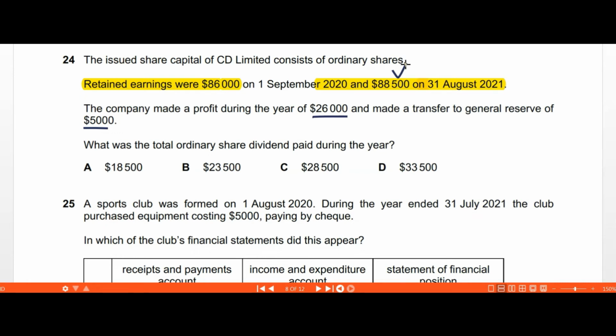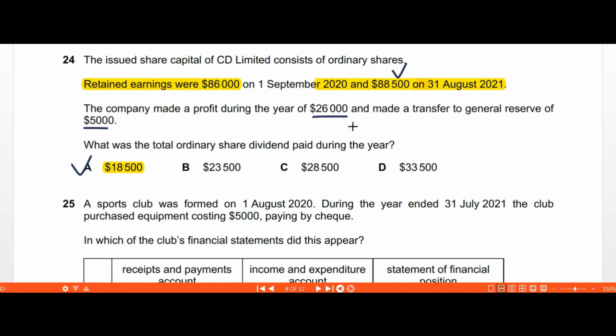So deducting that, we can see that the difference is 18,500. So 18,500 is the amount that was paid as the ordinary share dividend.